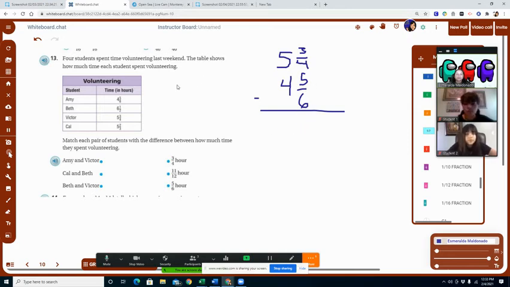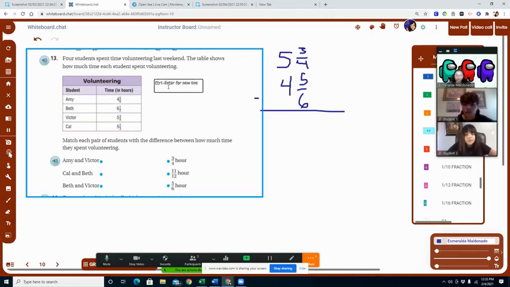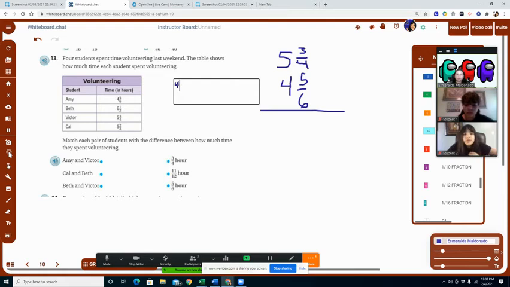So for 4 and 6, if I'm writing my multiples of 4 and 6, okay, give me the multiples of 4. 4, 8, 12, and 16. 6 and 12, right?